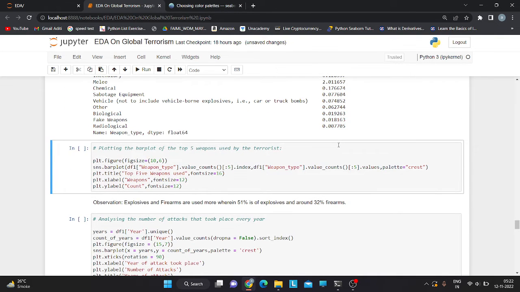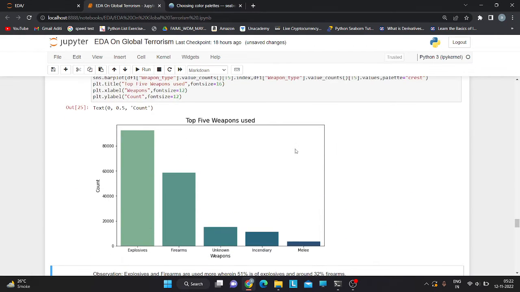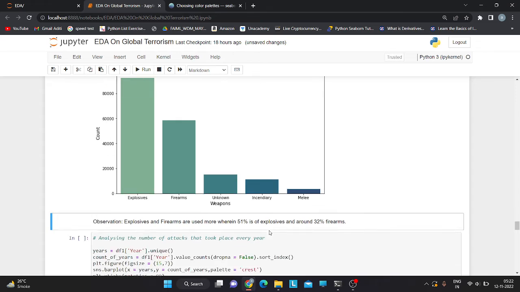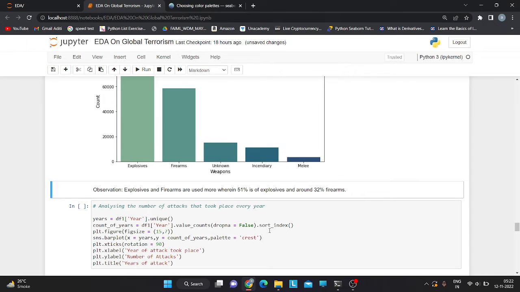Okay, now let us just plot this information graphically. As we could see, explosives, firearms, top 5 weapons that are used. So these are the top 5 weapons that are used by the terrorists, but the major share is of explosives.